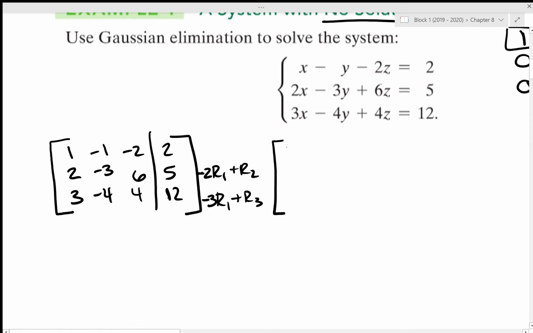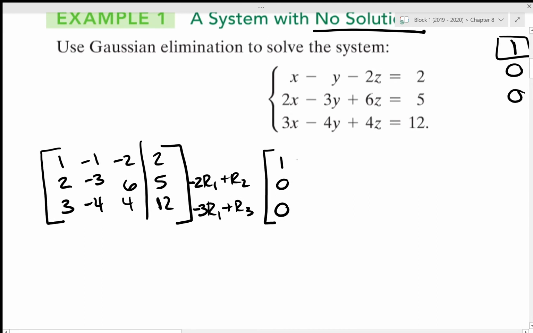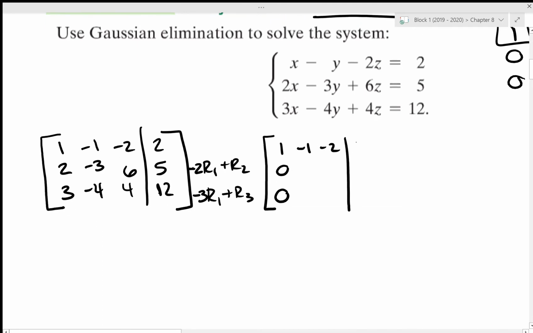So when I do that, I will have 1, 0, 0. So 1, negative 2, line 2. When I combine everything, I'm going to get 0, then negative 1, 10, and 1. And then in row 3, you're going to get 0, negative 1, 10, and 6.